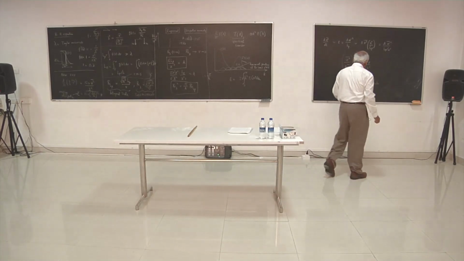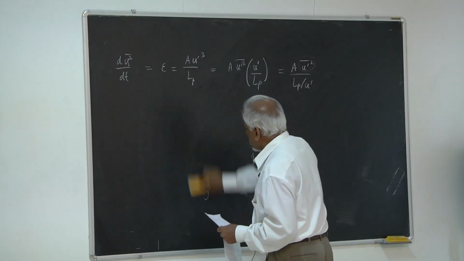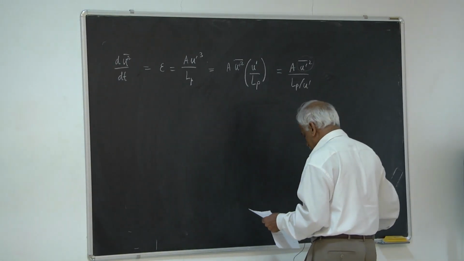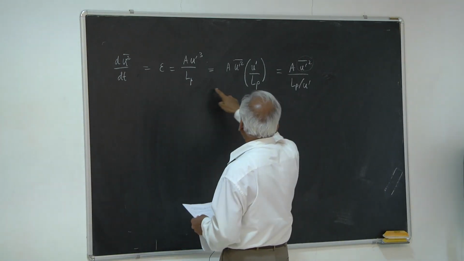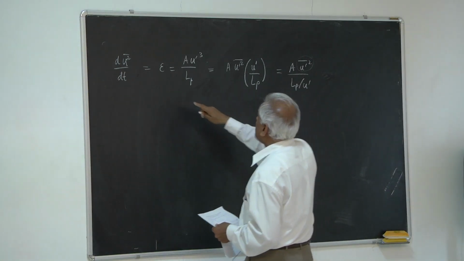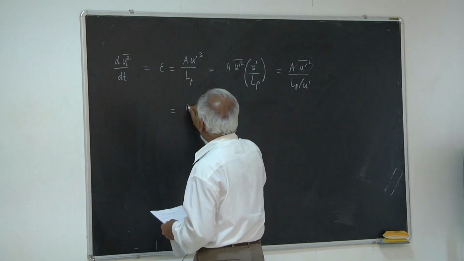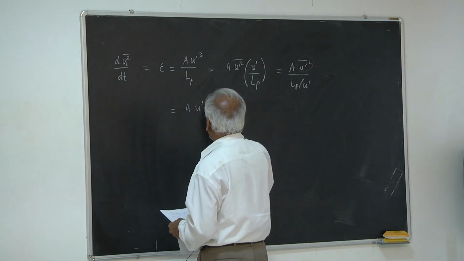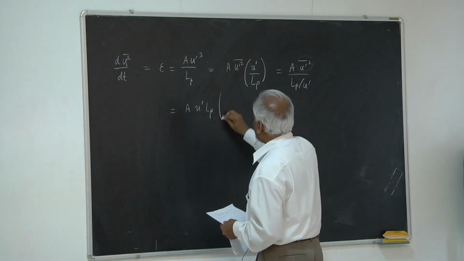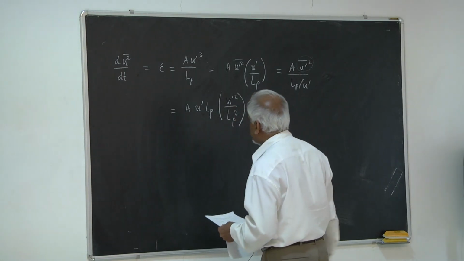So that's one interpretation. The other interpretation of this dissipative anomaly is that I have written here, let's take this one, and we write this as A U prime over LP, and I put U prime squared over LP squared.